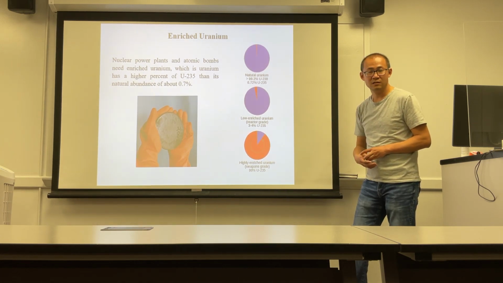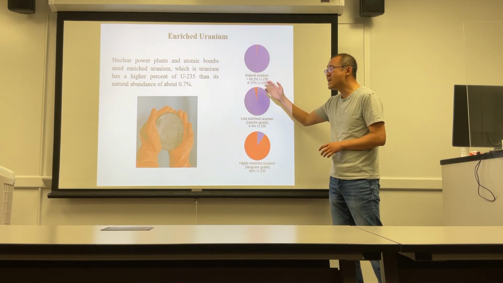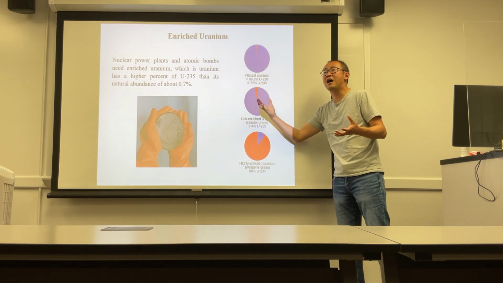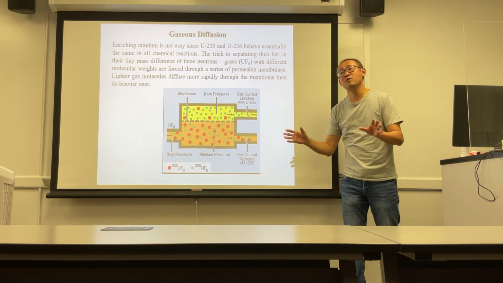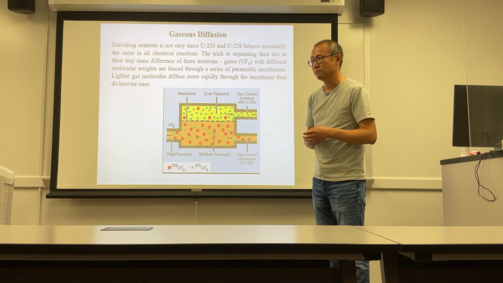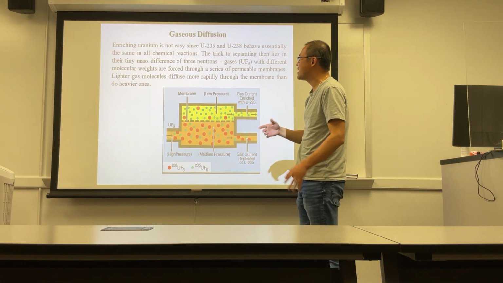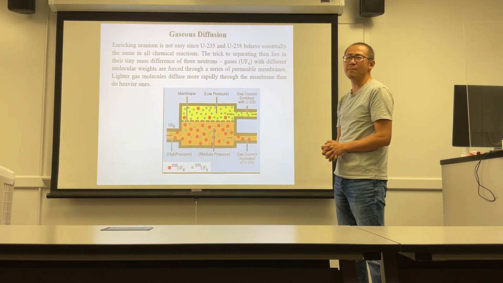That's a weaponized uranium-235. But either way, you have to increase the percentage of 235 in the mixture. Now, this process seems easy, but it's very difficult. The reason is uranium-235 and uranium-238 are essentially the same, chemically and physically.